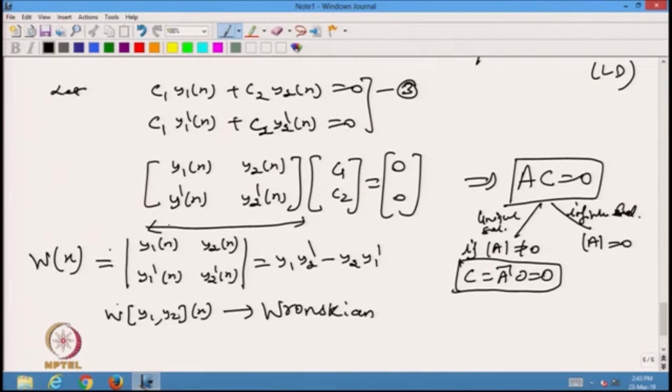So, this is called the Wronskian. In this case my Wronskian is equal to y1 y2' minus y1' y2, that is, the determinant of this matrix made up of the functions.